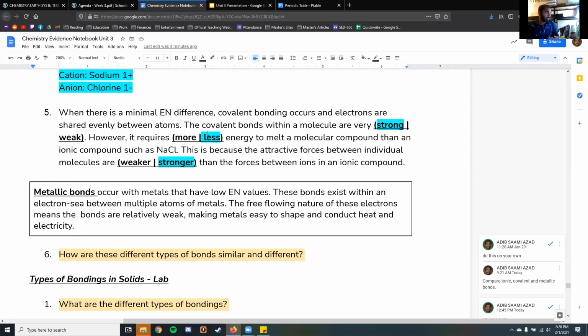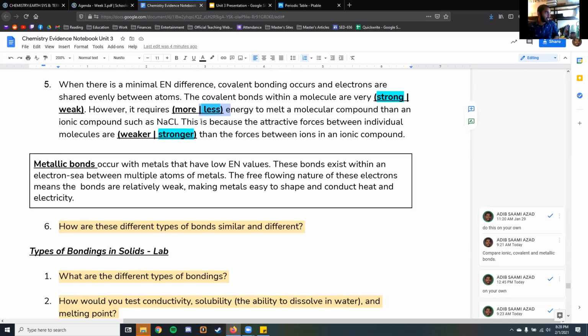And so you'll discover it requires less energy to melt a molecular compound with covalent bond than it does an ionic compound like salt. And so the attractive forces between individual molecules are stronger. The forces between molecules are stronger than between the ions.